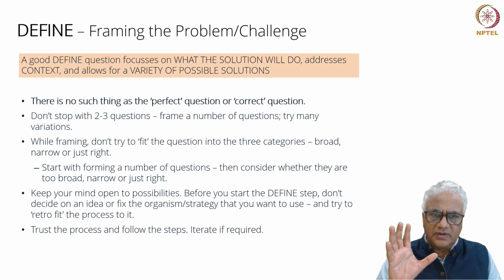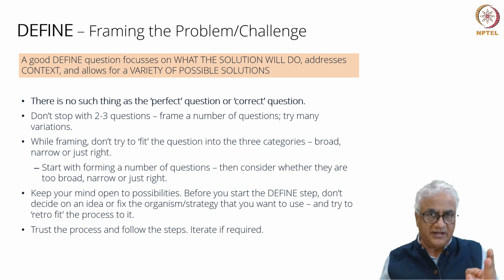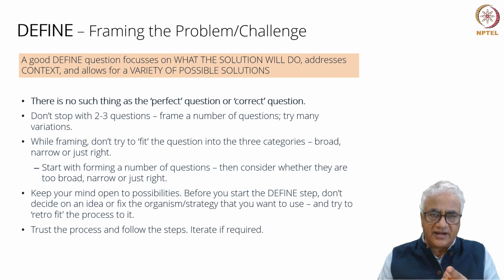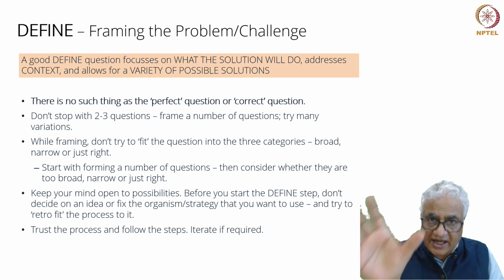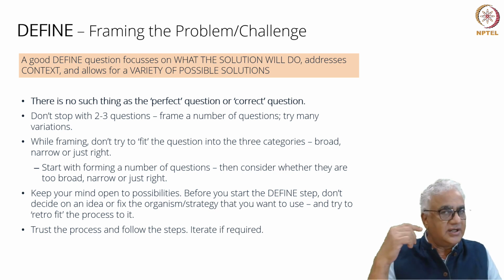So therefore, what have we learned? We have learned how to define the problem. We have learned 3 types of questions: just right questions, broad questions, and narrow questions. And then we learned how to frame a problem. The most important thing is asking yourself what you want your solution to do rather than what it should be. So the noun in the question, I want to design a backpack, that's not the way.